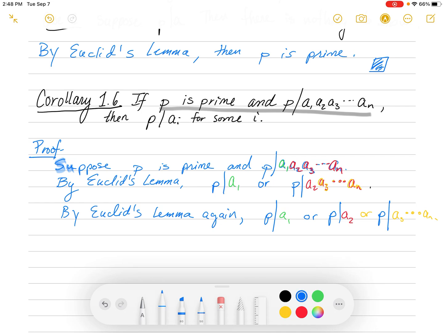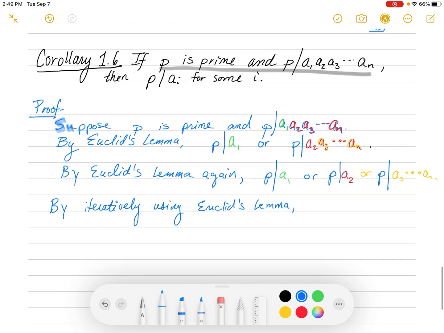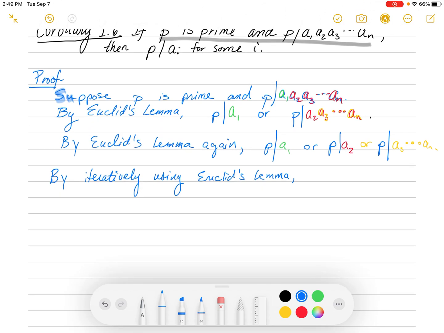So if I repeatedly use Euclid's lemma, iteratively using Euclid's lemma, notice what's happening. I'm getting P divides the first term every time that I peel off. By iteratively using Euclid's lemma, I get P divides A1, or P divides A2, or P divides A3, or P divides AN.